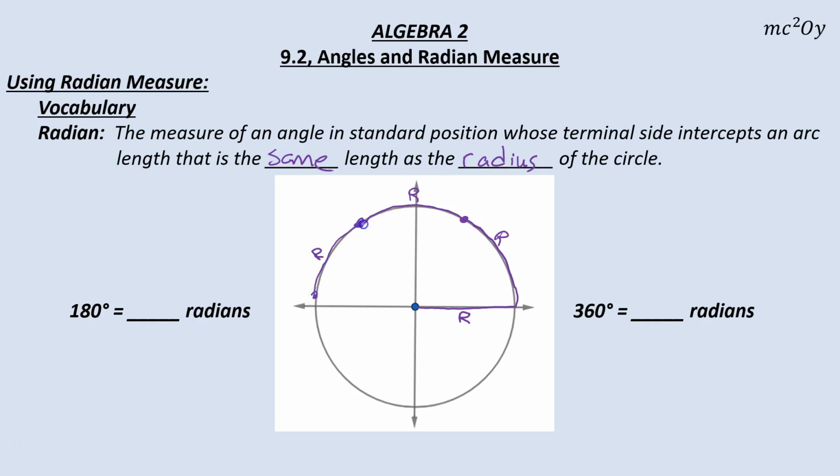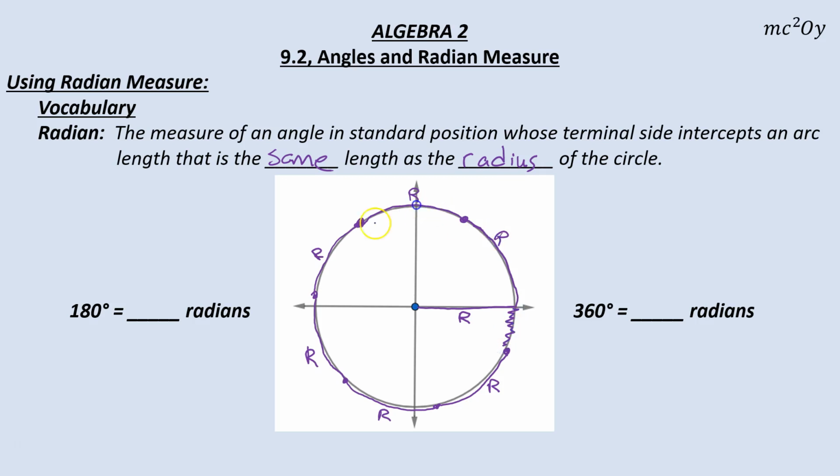So each one of these is a length of r. All right, and then I have this little chunk left over here. That is not a length of r. I'll explain what that is here in a minute, but we still have to count it, right?